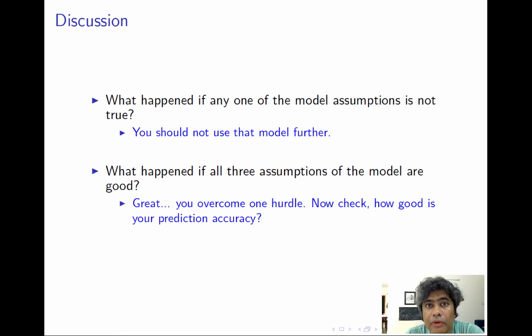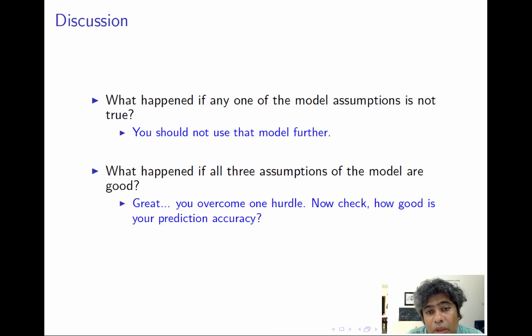If you're reporting a final analysis based on a model, before reporting it you should check all the model assumptions, because if you don't, you may face a problem later: if any of the model assumptions is violated, you may face severe criticism. So before reporting any analysis based on a model, you should check the model assumptions.